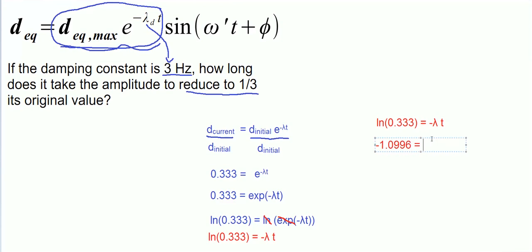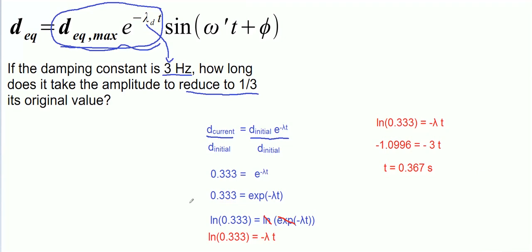On this side, we have a negative sign, and we know that lambda is 3 hertz. Our goal is to find t. You can do this very quickly using some algebra, and you'll find that t is equal to 0.367 seconds. That's how many seconds it'll take for the amplitude to reduce to 1/3 its original value.